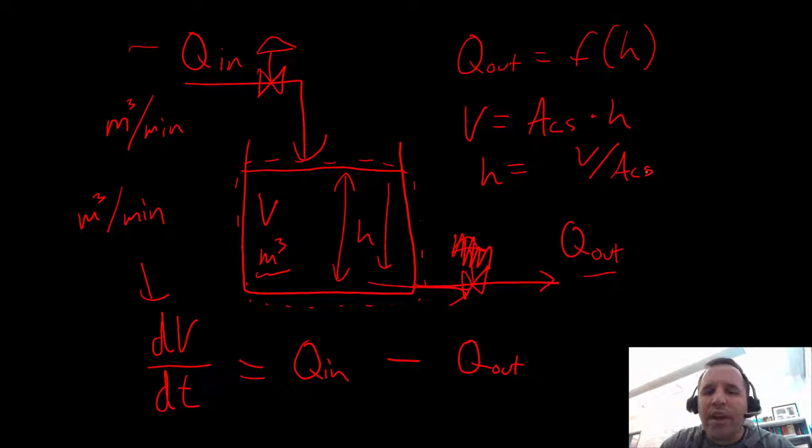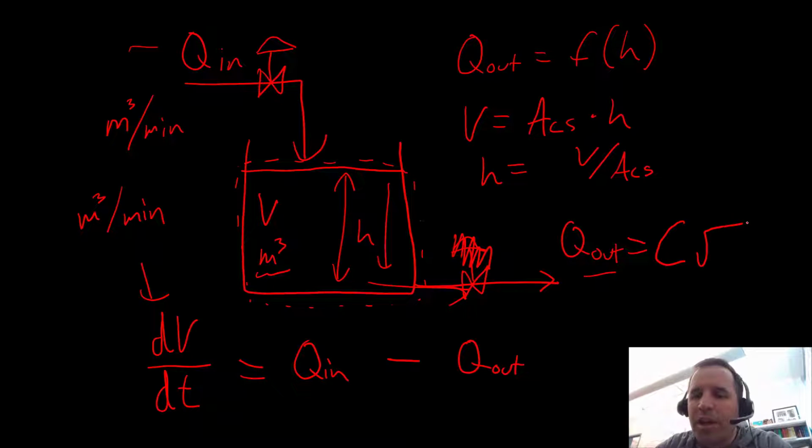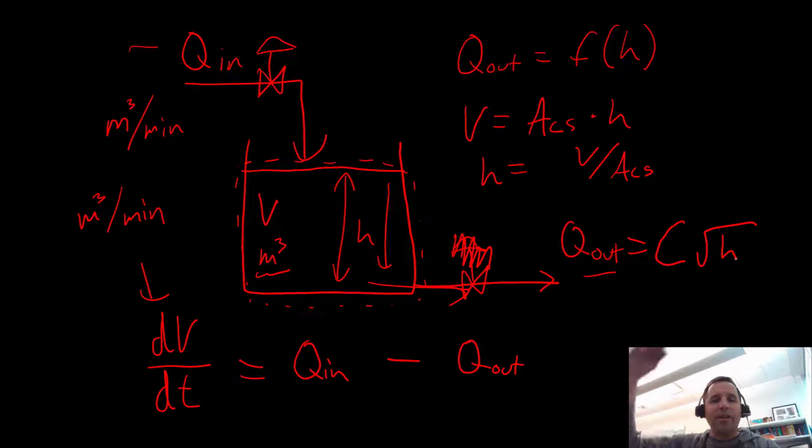Once we've calculated the height, we can calculate Q out as a function of that height. Specifically, we're going to introduce a new variable called the valve constant, and we're going to say that Q out is proportional to this constant multiplied by the square root of the height. Still, we'll see that the higher the level in the tank gets, the higher our Q out, or our flow out of the tank, will be.